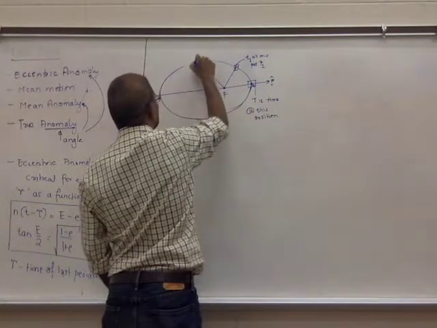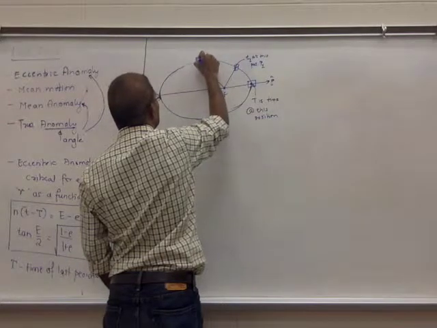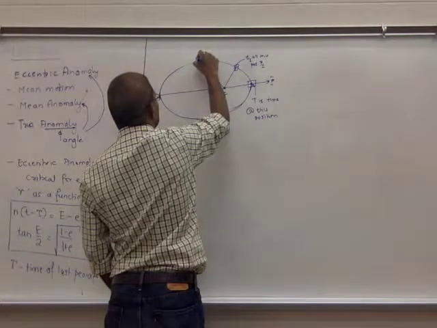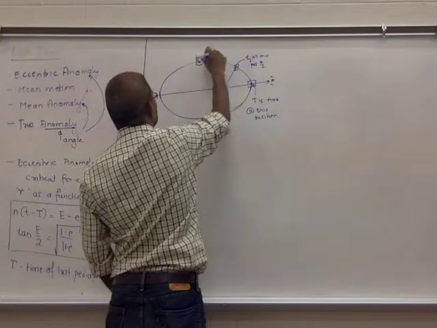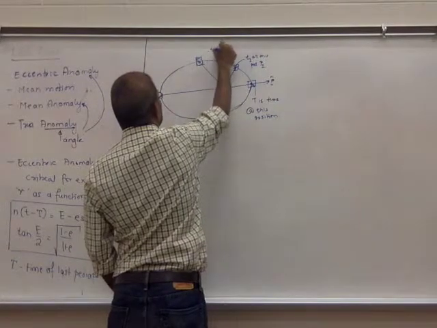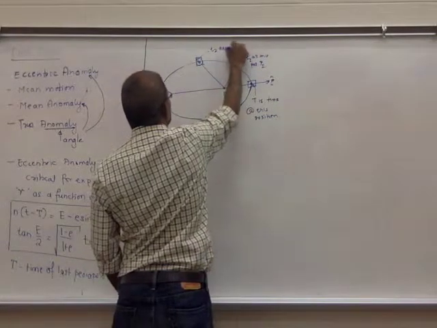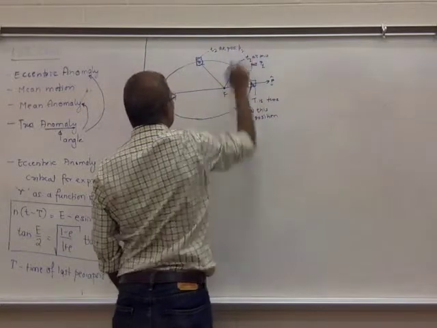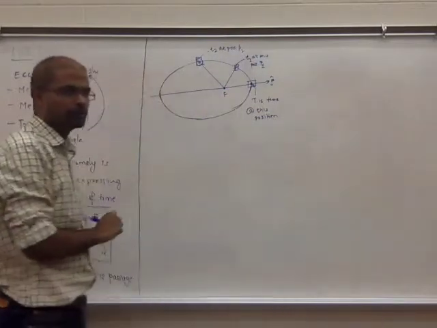Again, let's say there's another orbiting body. The orbiting body is here. So we have T2 at position P2. You see it?